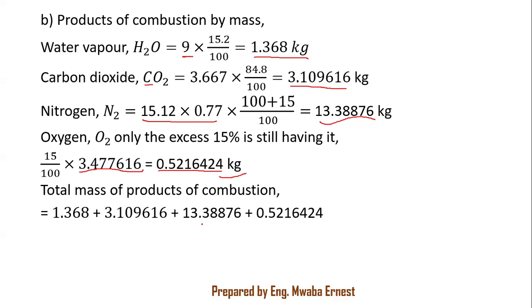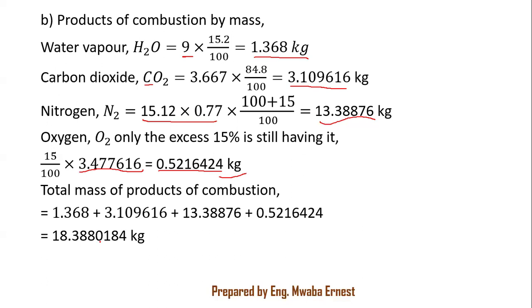I'm adding nitrogen, which is also, of course, taking care of the excess air provided, so 13.8876. Then I'm also adding the oxygen that has survived, which was hidden in the excess air, 15% of that, so 0.52164424. So the total I get from this computation is 18.388018.